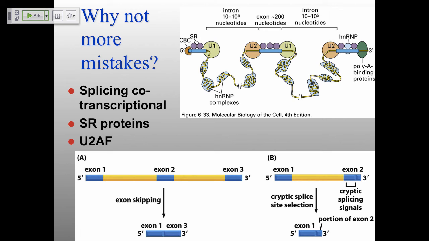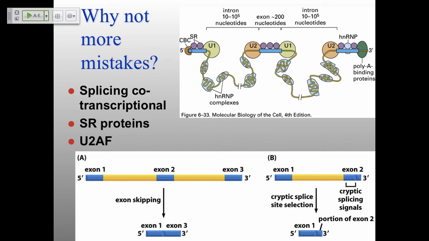And the answer to that, there are a couple of answers for it. One is that splicing happens while the RNA is actually being made. So the RNA is being made from 5' to 3' by RNA polymerase II. As that first exon comes out, you'll start to assemble U1 on it.